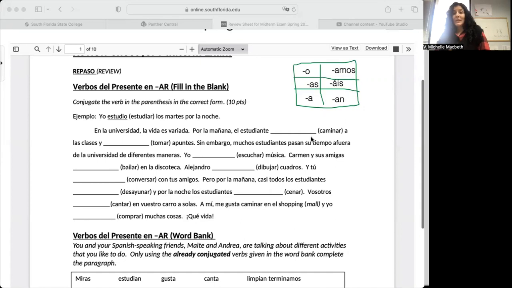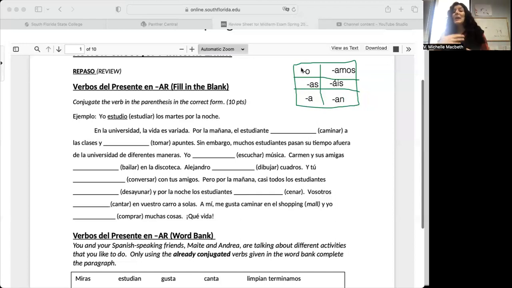So I have all the information that I need contained within this verb chart. I have all the endings, I have where they go, and I should know, right?